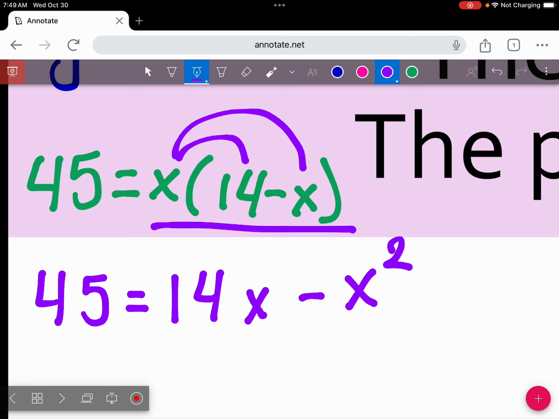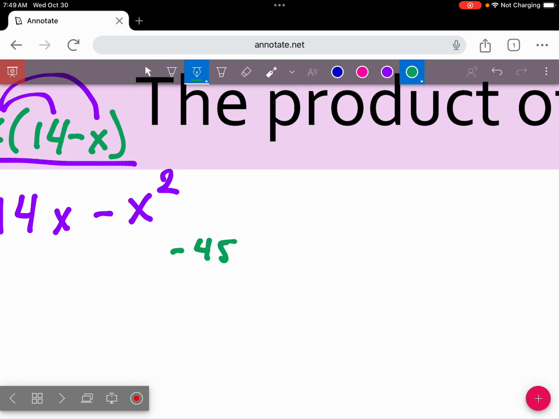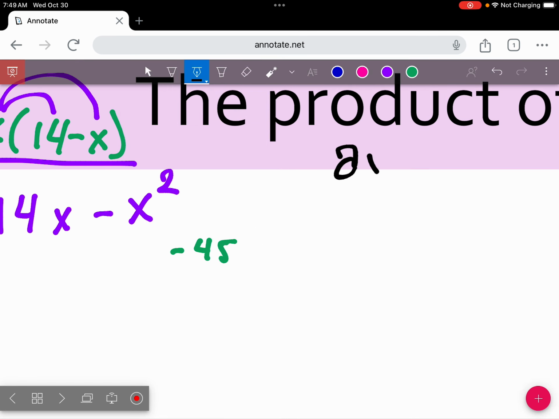And then we're into something very similar to what we had at the very first question, where I want this to equal 0 before I can try and find my solutions. So I'm going to subtract the 45 from both sides, and scooch this around so it's in my standard form, remembering that standard form is ax squared plus bx plus c. I'd like it to be in that order.